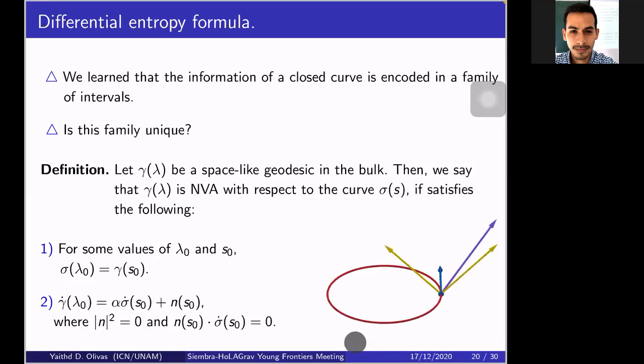So to clarify this, let me just describe this drawing. We have the bulk curve, we have the tangent vector, we have the null directions that are orthogonal to this tangent vector. So we are going to say, for example, that gamma is null vector aligned with respect to this point if gamma has as its tangent vector this purple one.